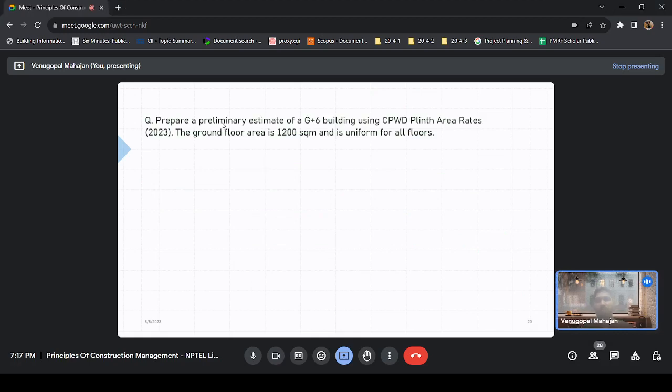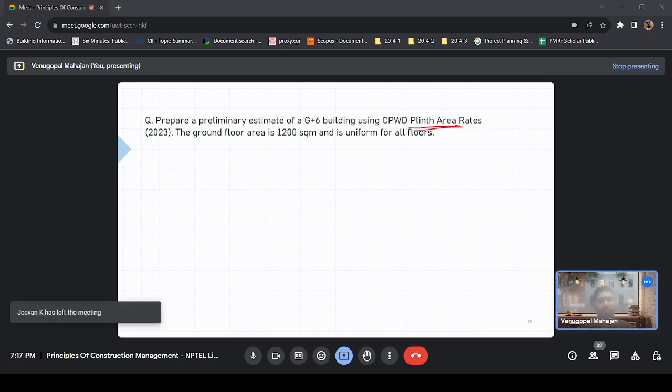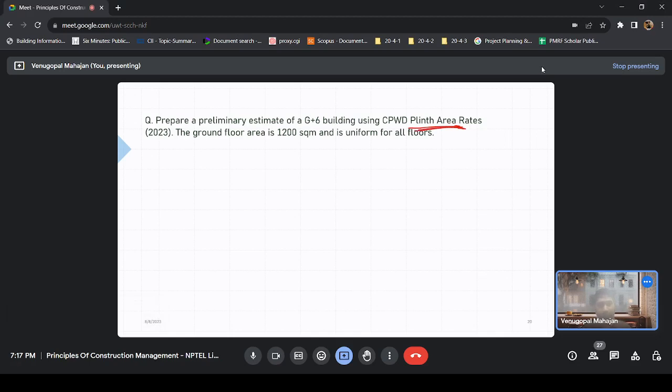So now coming to a big question. Prepare a preliminary estimate of a G plus 6 building using CPWD PAR 2023. What am I talking about here? CPWD PAR. How many of you are familiar with this?